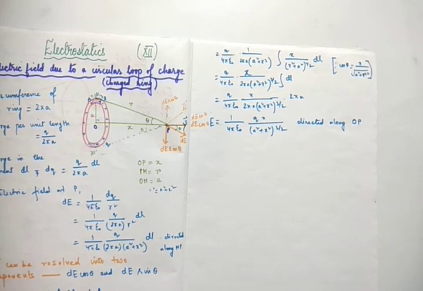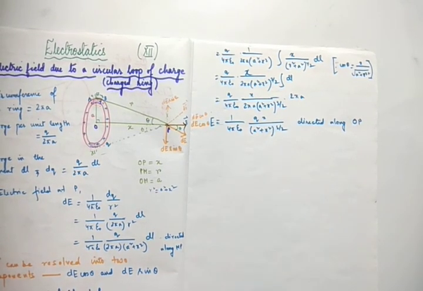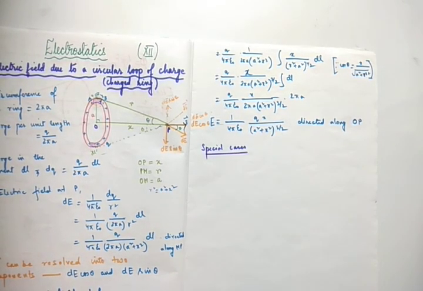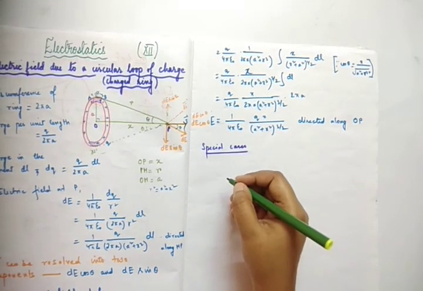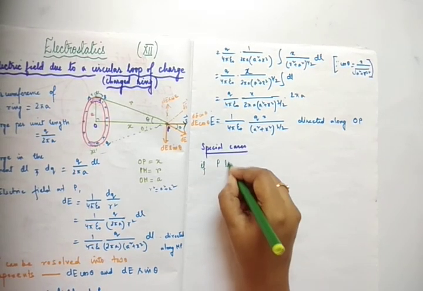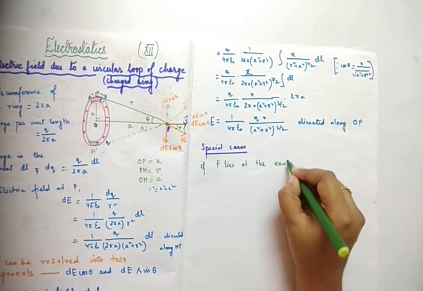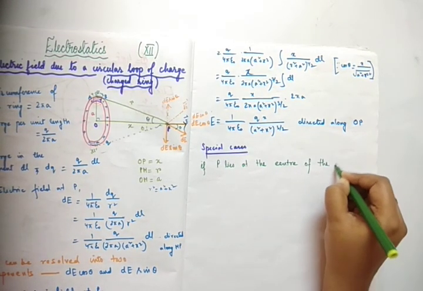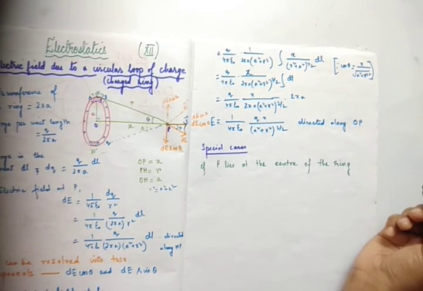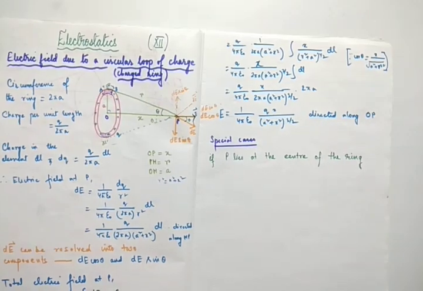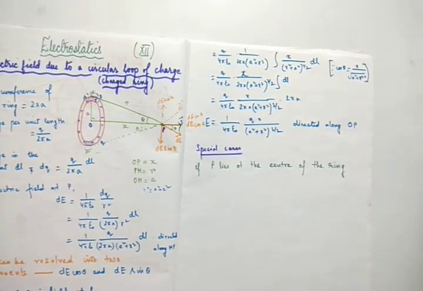Now there are some special cases. Suppose P lies at the center of the ring. What will happen?